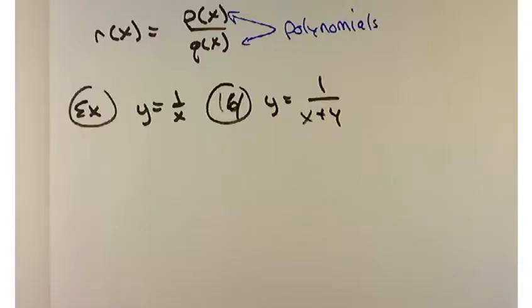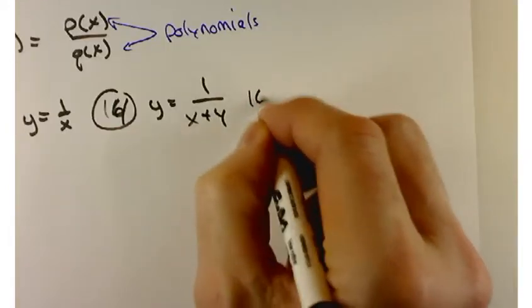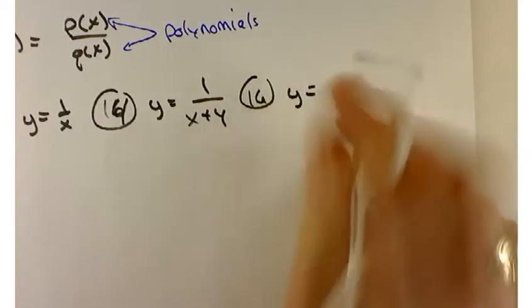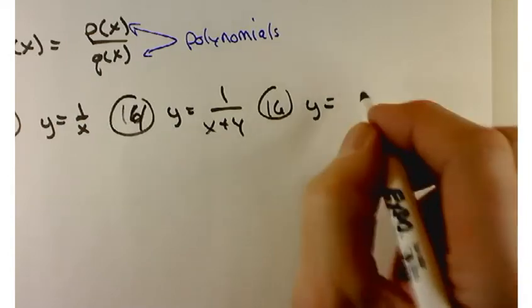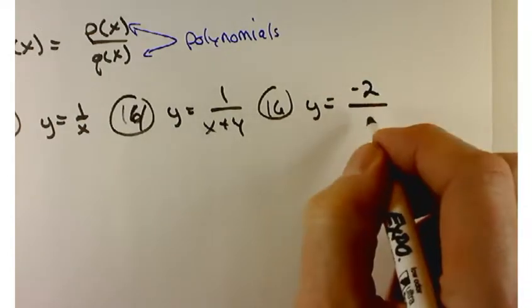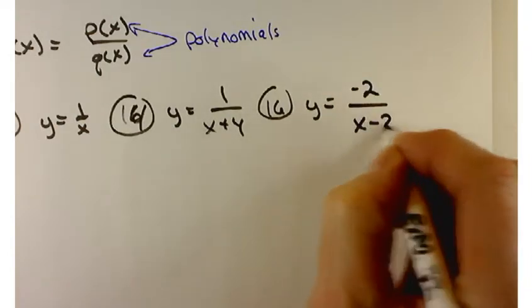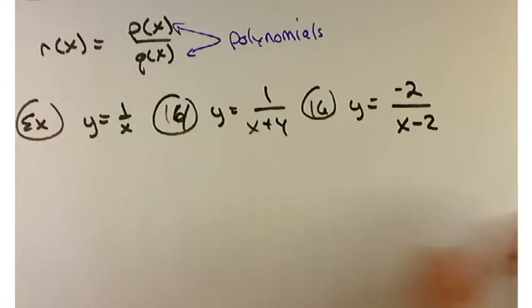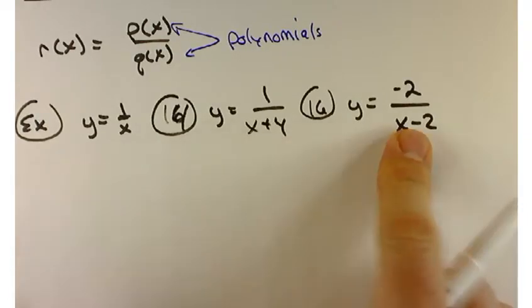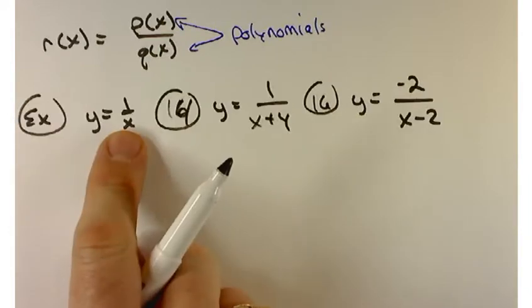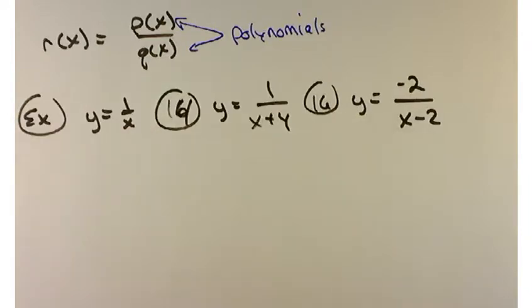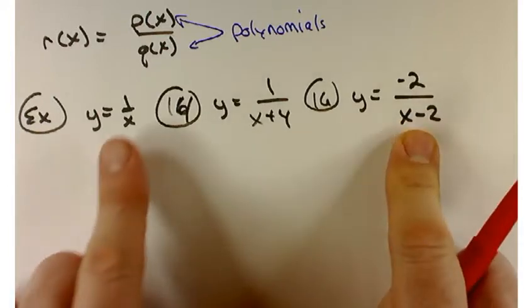All right. I said it was problem 16, but I was wrong. Here's problem 16. y equals negative 2 over x minus 2. Now, again, you're going to get some shifting from this original graph. And there's three things that are going to happen in looking at the graph of this compared to the graph of this.